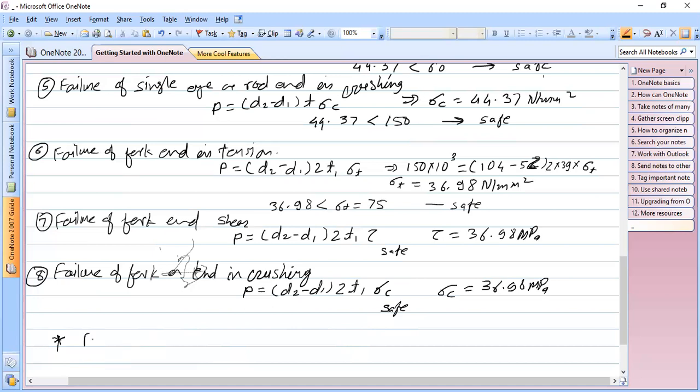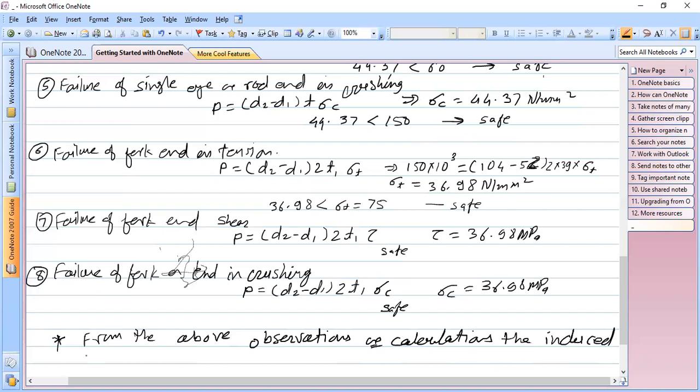From the above observations or calculations, the induced stresses are less than the given allowable working stresses.